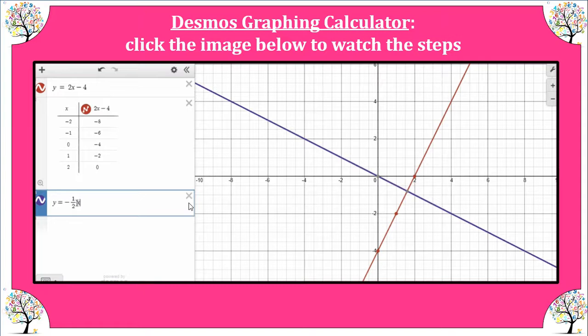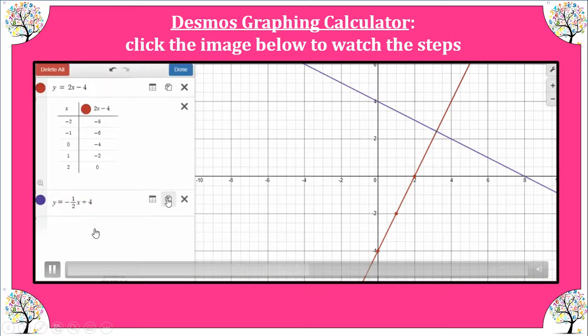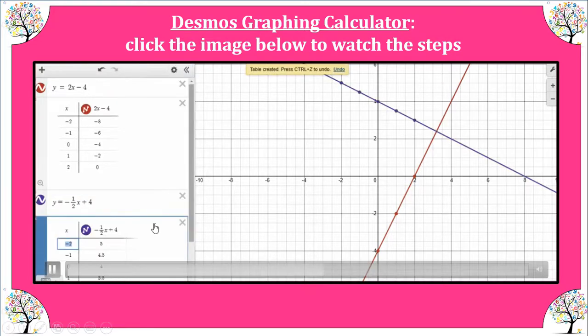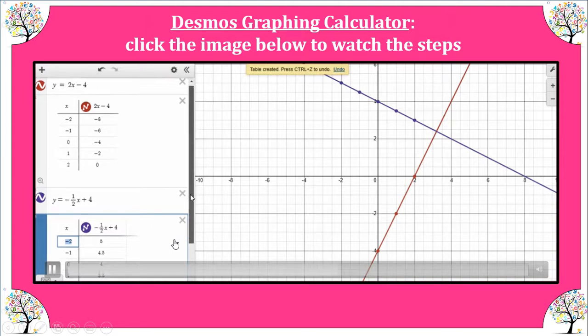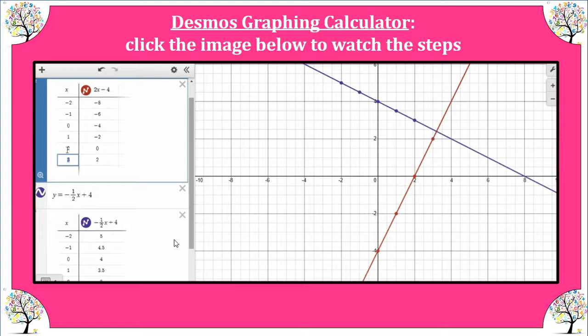Make sure if you have a fractional slope, that you arrow out and make your x not be in the denominator. And then you're going to copy it and make it into a function table. So you're going to be able to see your solution in the table, as well as on the graph.